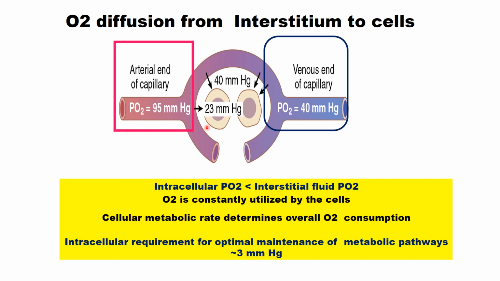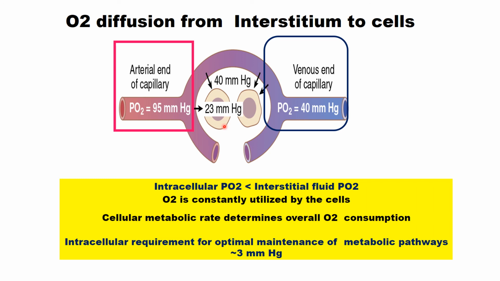Once the oxygen is there in the interstitial spaces, it is taken up by the cells itself. The partial pressure in the cell that is adequate to maintain the metabolism is just 1 to 3 millimeters, but on the average it is 23 millimeters of mercury, suggesting that there is a good margin of safety at the level of cells for this partial pressure.